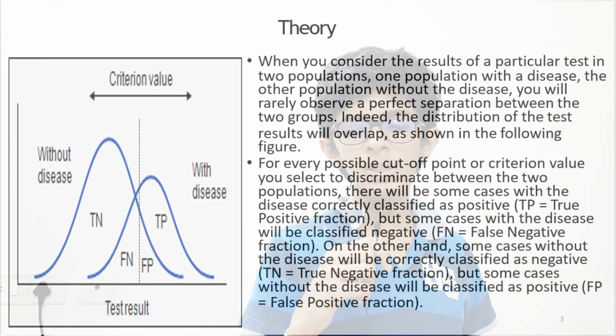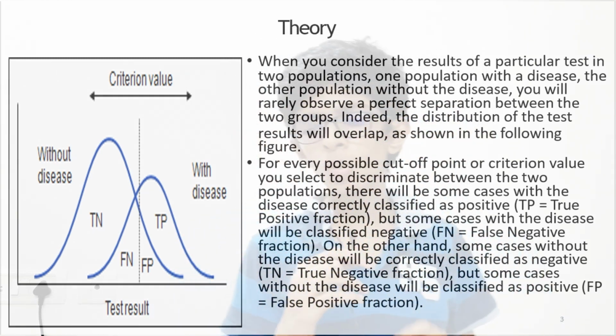For every cutoff or criterion value you select to discriminate between the two populations, there will be cases with the disease correctly classified as positive, TP equals true positive fraction, but some cases with the disease will be classified as negative, FN equals false negative fraction.